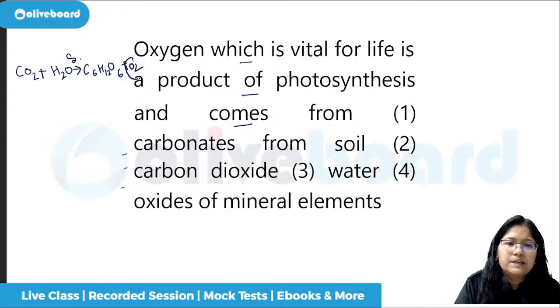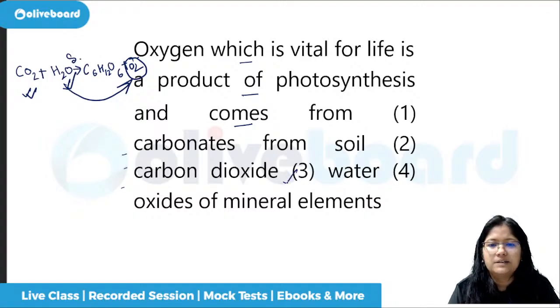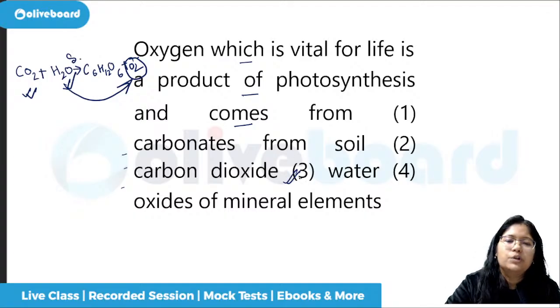So what people think is this O2 is because of this CO2, but that is not the answer. This O2 is because of the splitting of the water molecule, that is, it is because of the H2O. So the answer here is the water molecule.